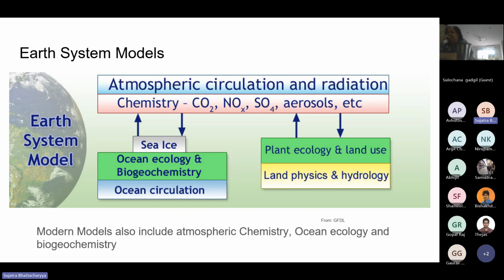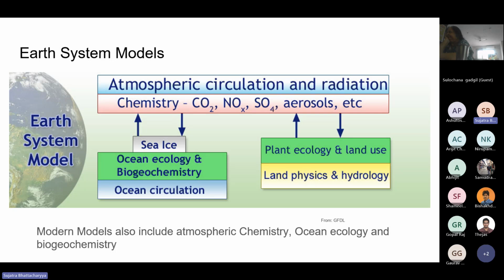And if you're looking at a system, these are the various components that you have to put in if you have to go into the future, or even let's say for decades. You will need to look at the chemistry from CO2, NOx, etc. Then you have ice, ocean ecology, biogeochemistry, ocean circulation, plant ecology, if you're looking at land, plant physics and hydrology.